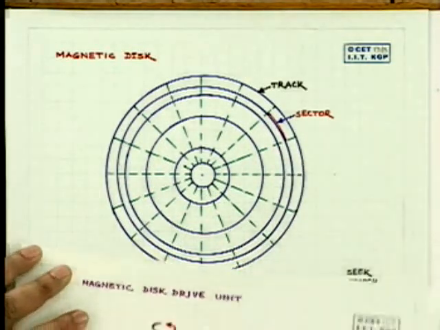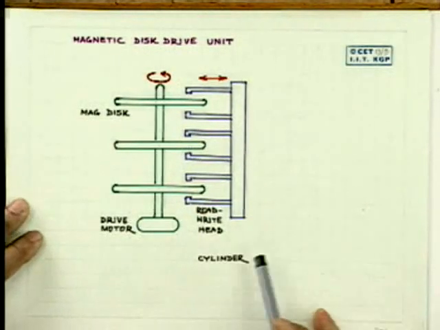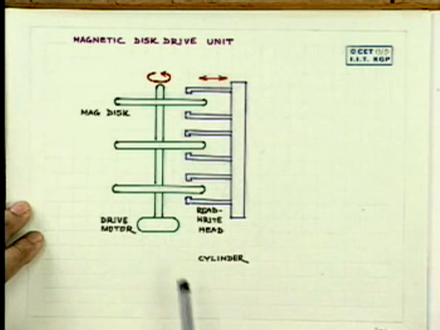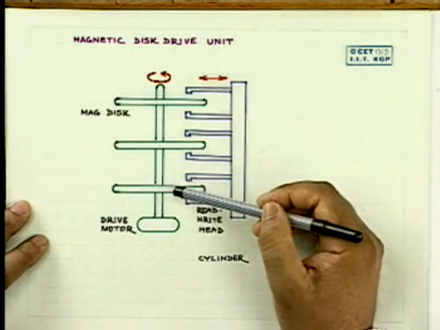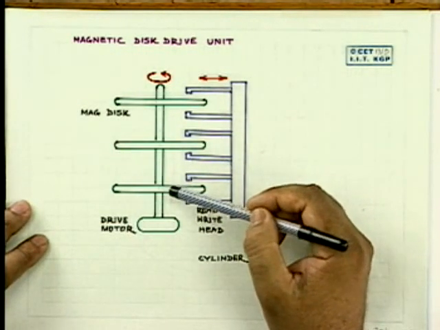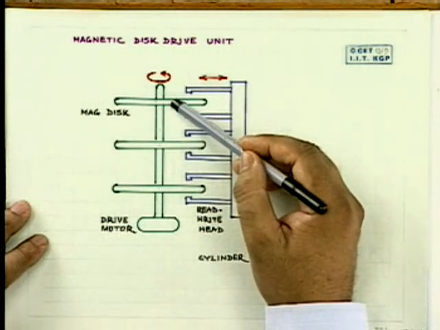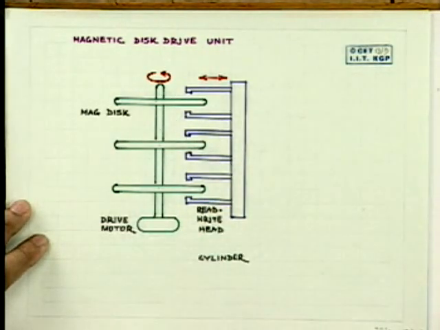Therefore, amongst the different characteristics the magnetic disk should have, we should be able to tell how many platters are there and therefore how many surfaces, what the information content is, and at what speed the disk rotates, etc.